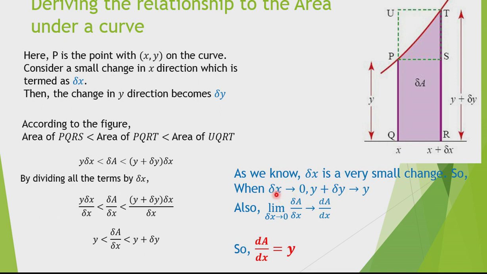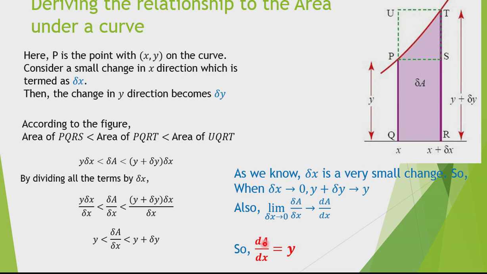That means when delta x approaches 0, automatically y plus delta y will approach y, as delta y also goes to 0. Then according to the limit theorem, when delta x approaches 0, delta A by delta x becomes dA by dx, as well as y plus delta y becomes y. Finally we get dA by dx equal to y.